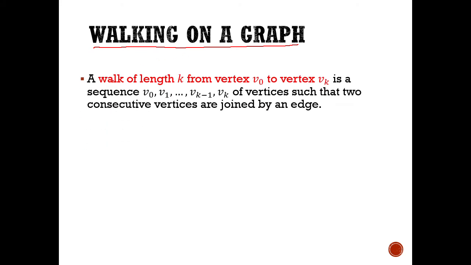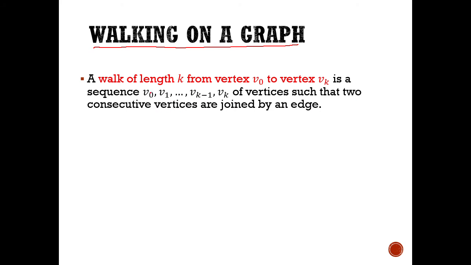Okay, next. Now, it is important to understand walking on the graph, as this will be needed when we go to finding the shortest path or the fastest route from a starting point to destination. A walk of length k from vertex v0 to vk is a sequence v0, v1, up to vk of vertices such that two consecutive vertices are joined by an edge.